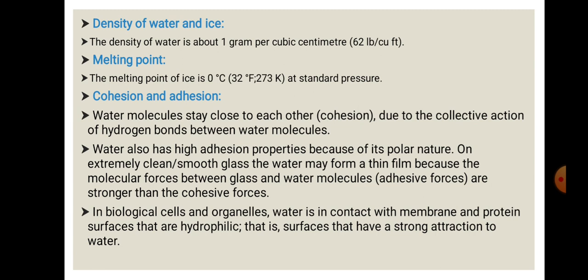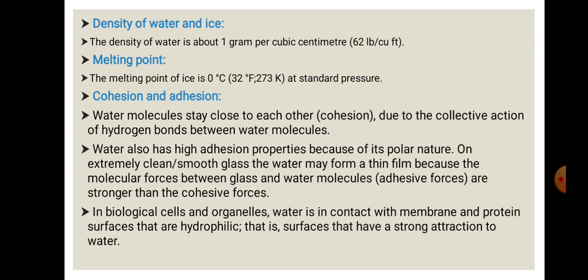Then the next physical property of water is water density and ice. The density of water is about 1 gram per cubic centimeter. The melting point of ice is 0 degrees Celsius at standard pressure.